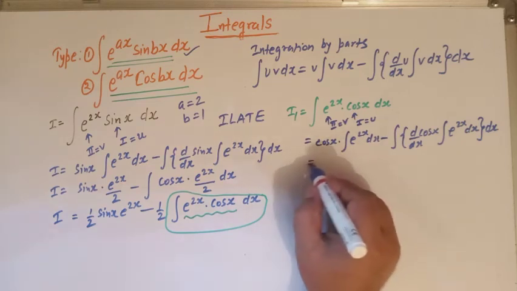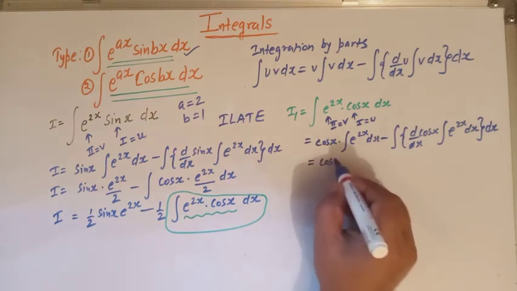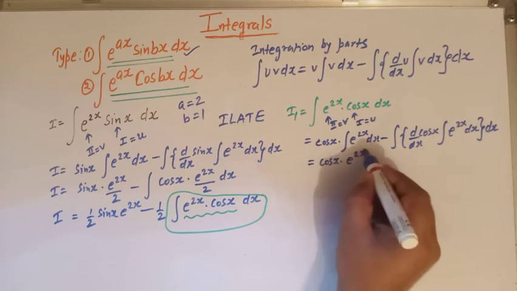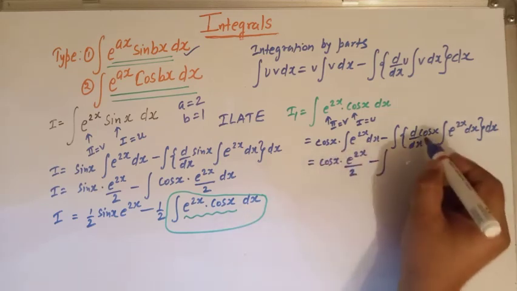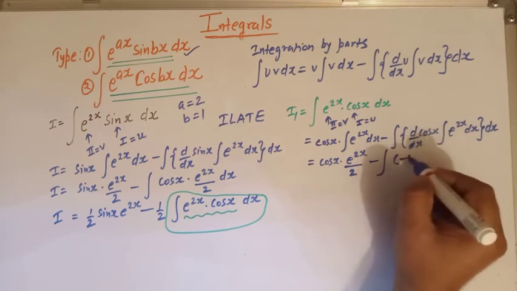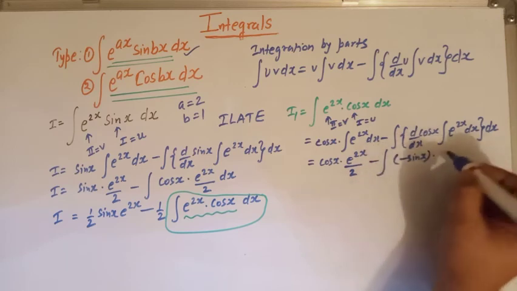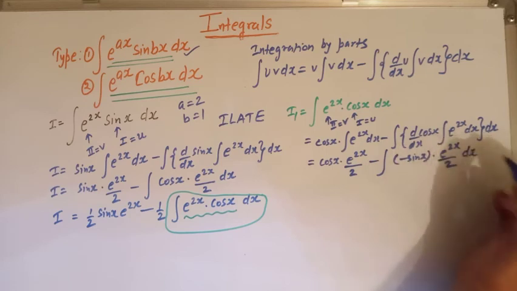Now this can be written as cos x times e raised to 2x divided by 2, minus the integral of the derivative of cos x, which is minus sin x, times e raised to 2x over 2, dx.